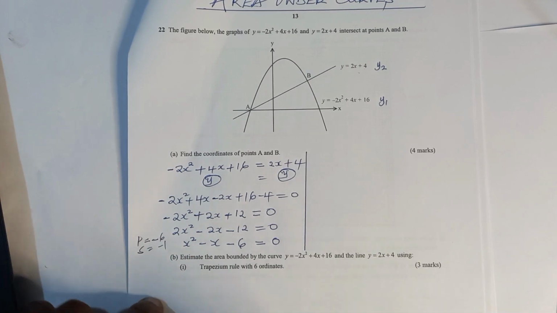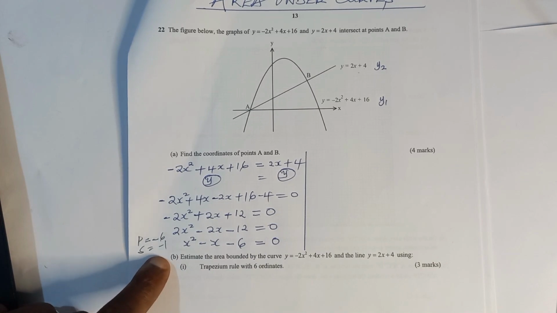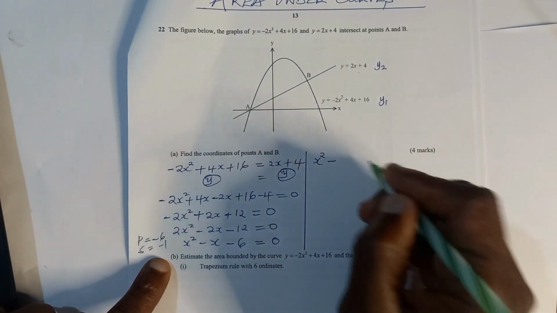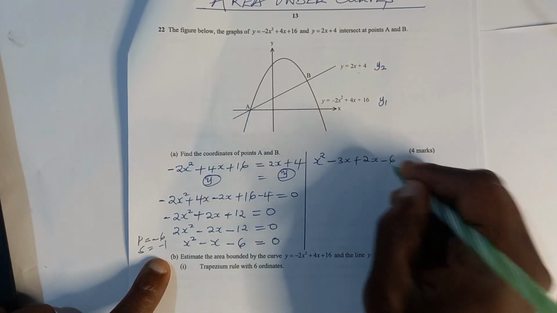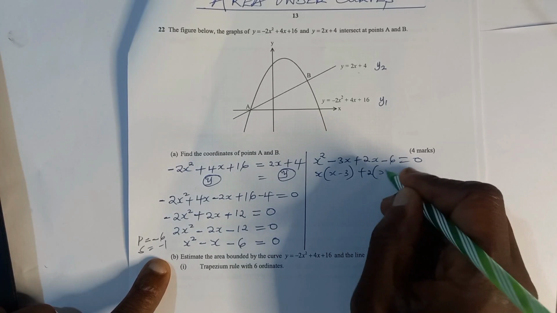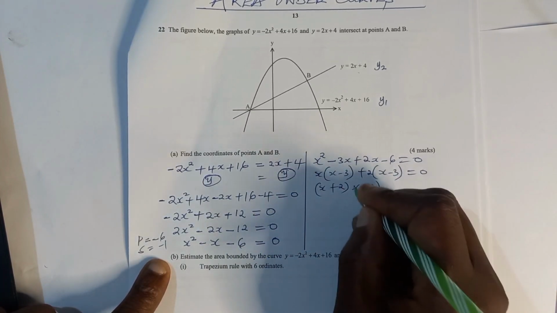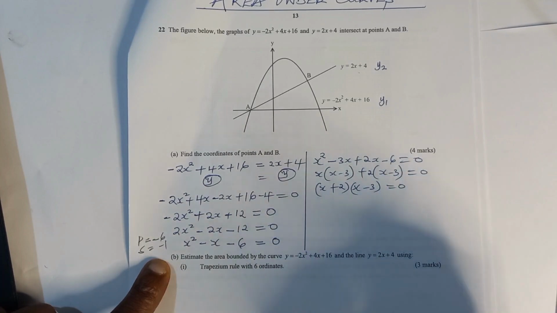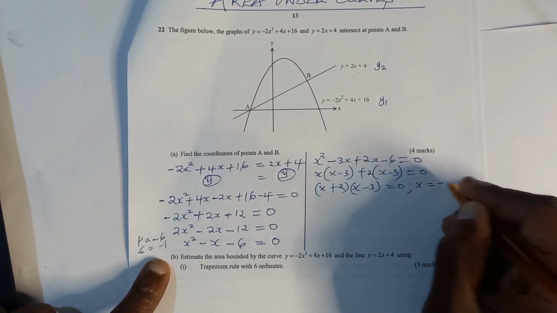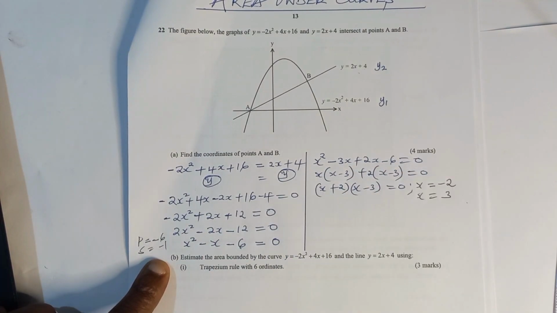So using factorization, I have x squared minus 3x plus 2x minus 6 equals 0. When you factorize, you get x plus 2 multiplied by x minus 3 equals 0. Here you shall have two values of x: x equals negative 2 and x equals 3. So those are the two values of x.